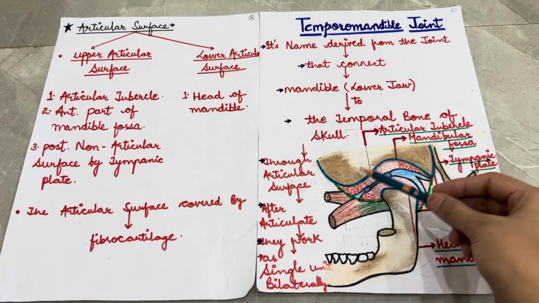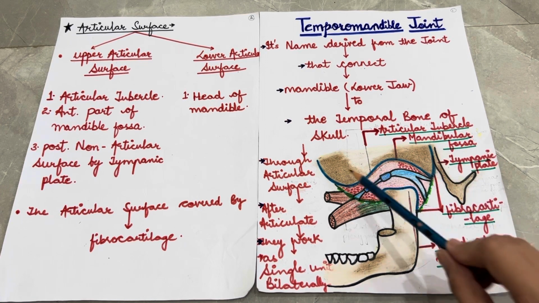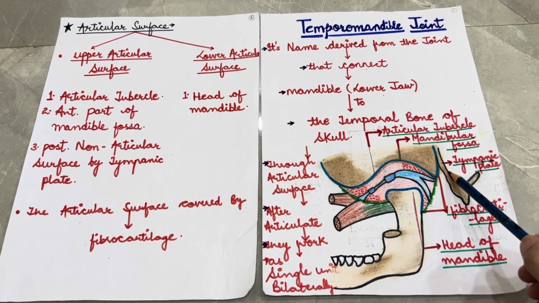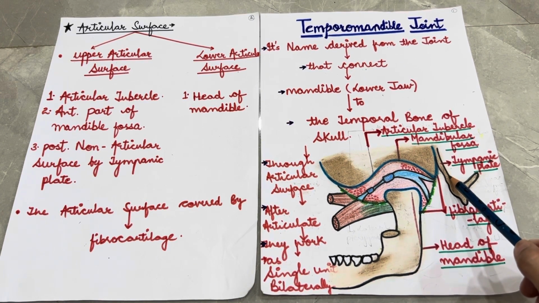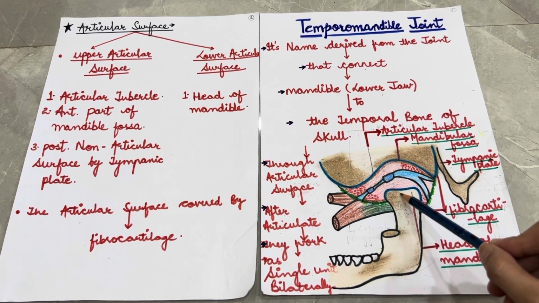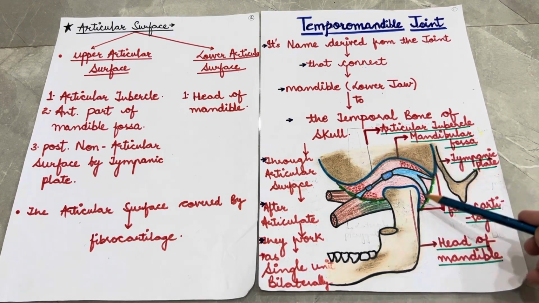One is temporal, another is mandibular, and we'll see which mandibular structures articulate with the other structures. The upper articular surface is comprised of three components: the articular tubercle, the anterior part of the mandibular fossa, and the posterior non-articular surface by the tympanic plate. The lower articular surface is the head of the mandible. These articular surfaces are covered by fibrocartilage tissue.